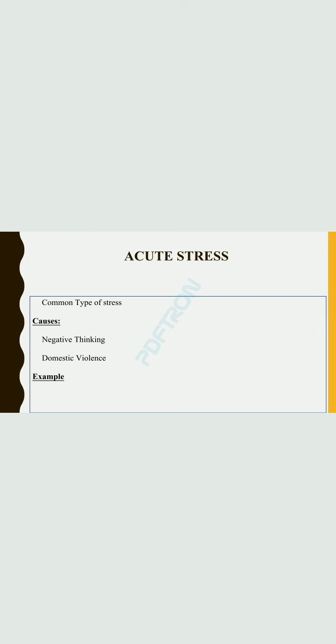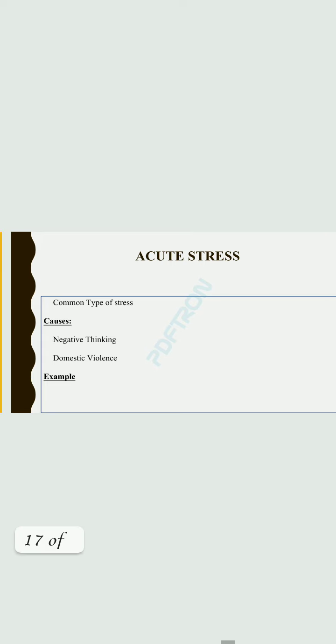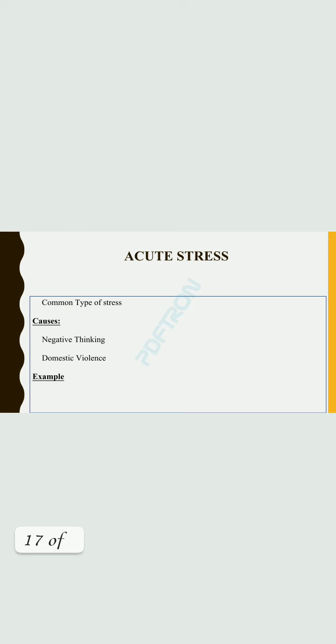A person having a negative thought pattern after facing different life situations may lead towards negative thinking. Or sometimes females who are experiencing domestic violence, that may also lead toward acute stress.